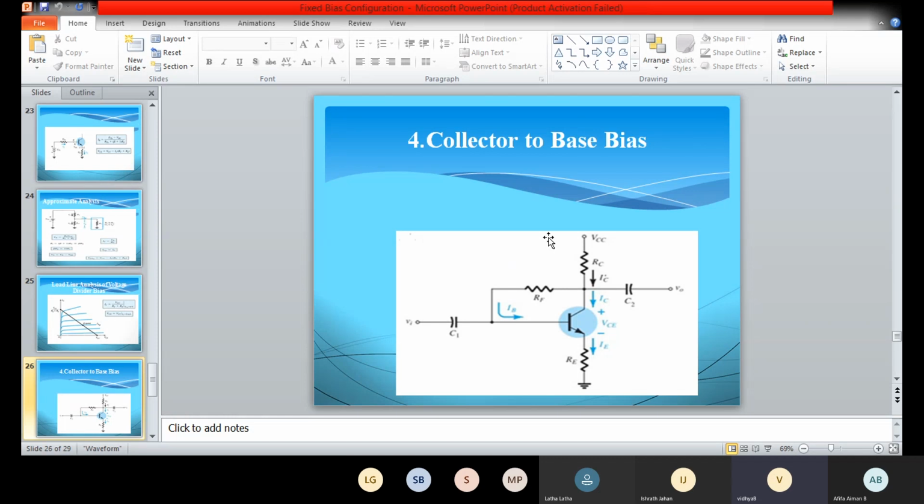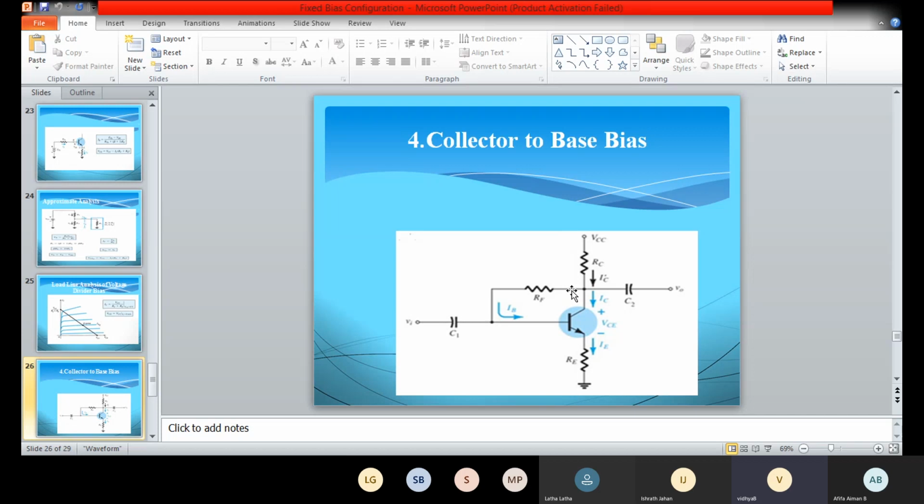Next we shall go for the collector to base bias. There are 4 configurations: fixed bias, emitter bias, voltage divider bias, and last is collector to base bias.